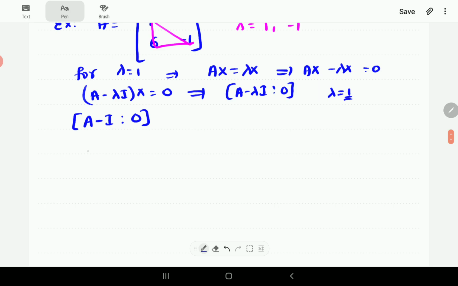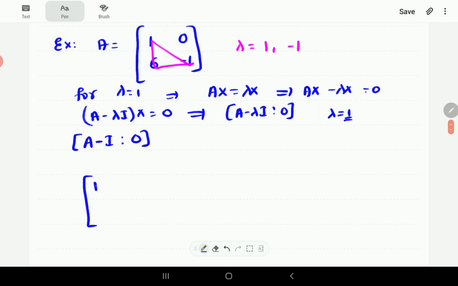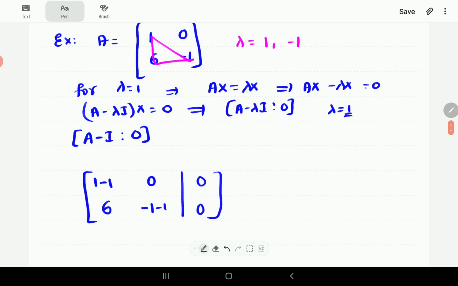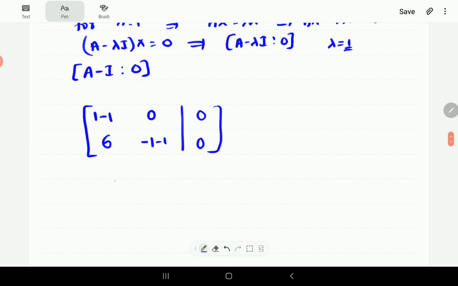Since it is a 2 cross 2 matrix, we get 1 minus 1, 0, 6, minus 1 minus 1, augmented with 0. This becomes 0 0 0, and 6 minus 2 0.